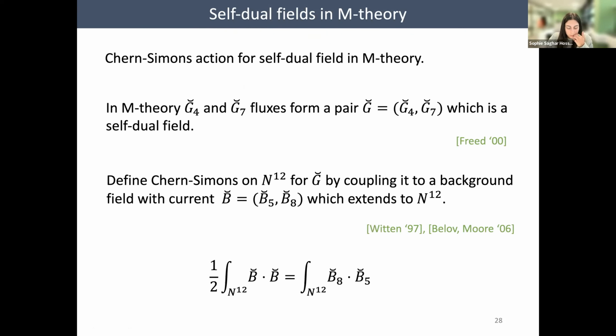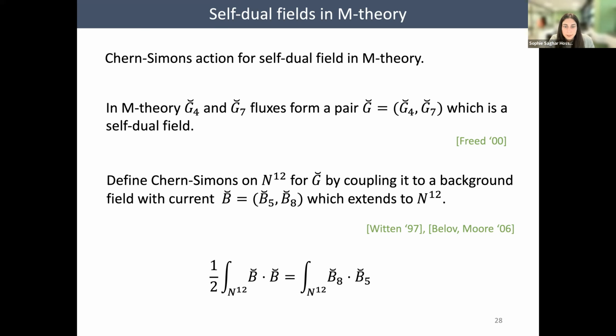Okay, so similarly in M theory, we can do something similar. Here we have fields G4 and G7. G4 is not self-dual, nor is G7, but the pair G4 and G7 together form a self-dual field.